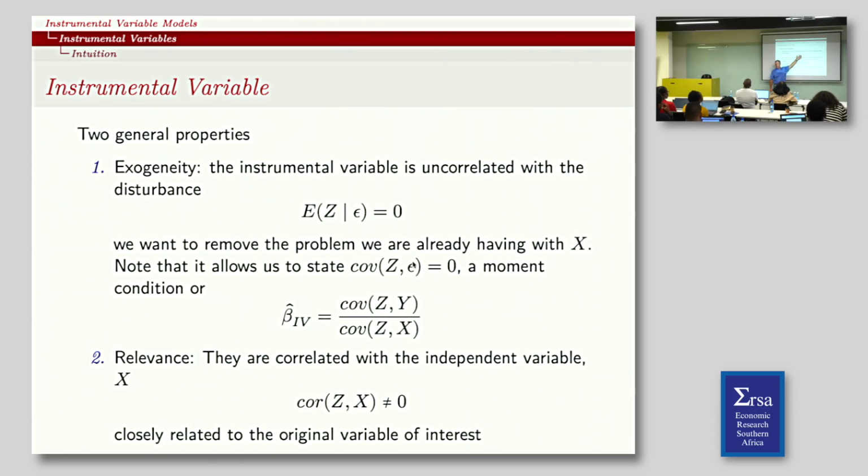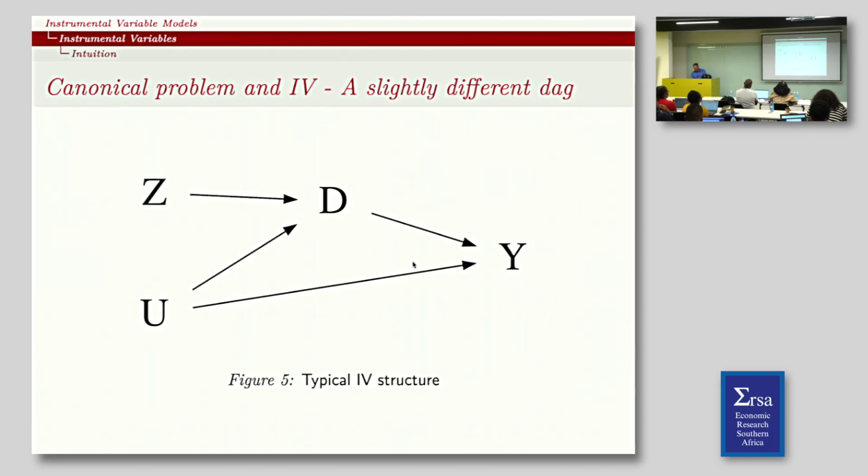Z and the error term are uncorrelated. And the other is relevance, which is that Z and D in my picture, or Z and X in general, are correlated. All right? So again, it comes back to this. If there's correlation here, I can't run my thought experiment from here to here because I've got other things affecting Z. I'm going to isolate the change in Z so I can isolate the change in D, and that then isolates a change in Y.